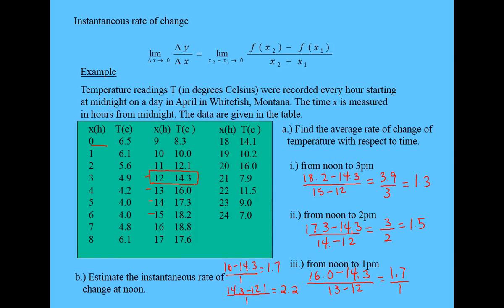And now we're going to add those together and divide by 2. So 1.7 plus 2.2 divided by 2 looks like that would be 19.5.